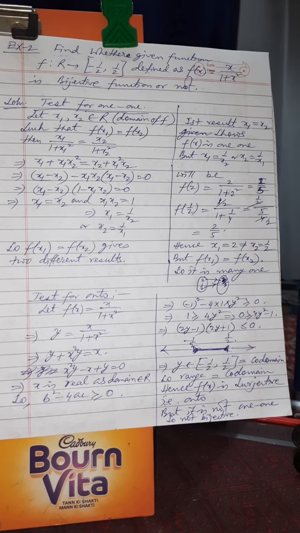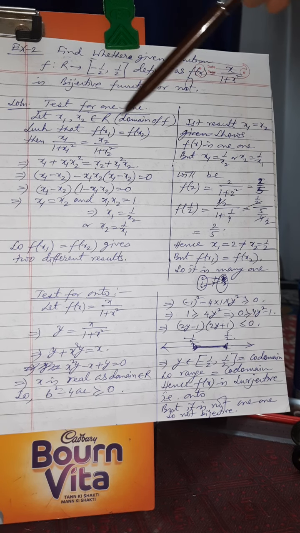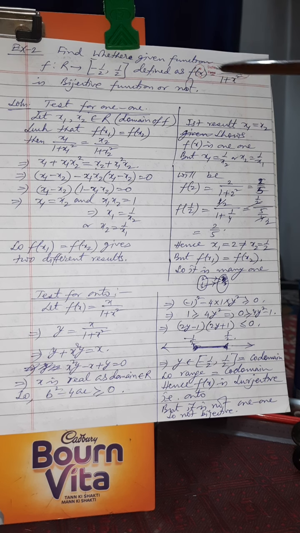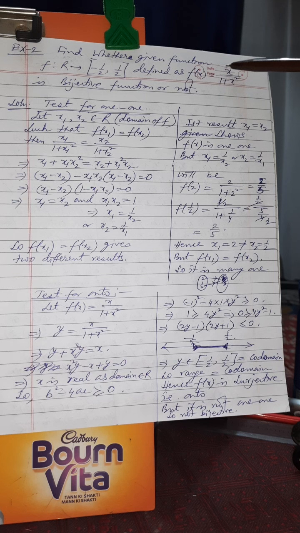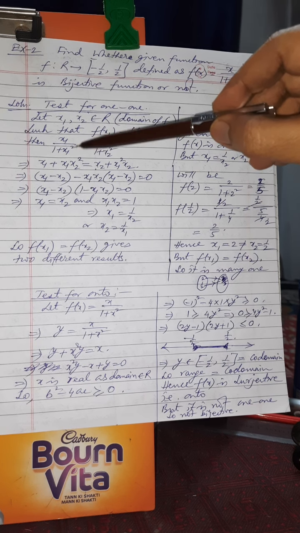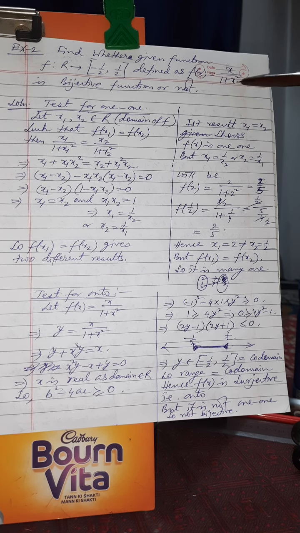Alright, so if f(x1) is equal to f(x2), then when we are taking x1, this becomes x1 by 1 plus x1 square, is equal to, when we are taking x2, x2 by 1 plus x2 square.